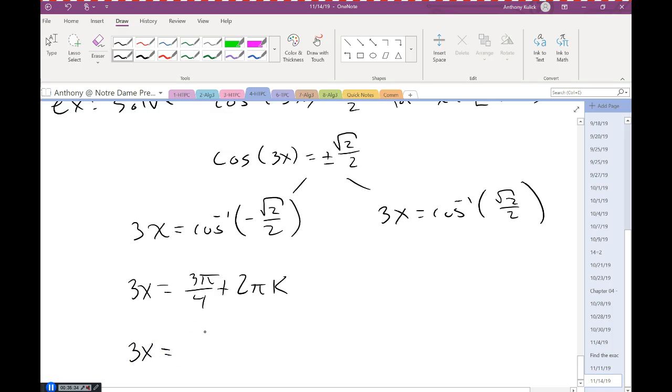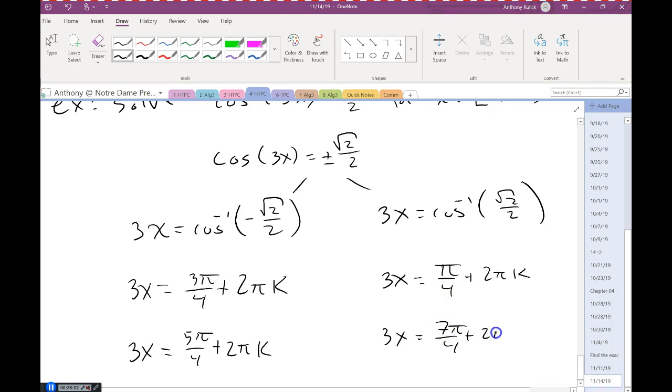And it also happens at 5 pi over 4. And again, I'll write that plus 2 pi k. And similarly over here, except I'm looking for locations where cosine is positive root 2 over 2. So that's going to be pi over 4 plus 2 pi k. And then again at 7 pi over 4 plus 2 pi k.